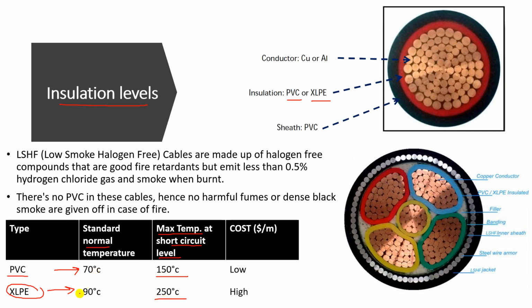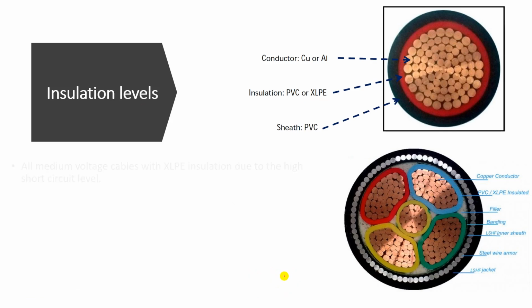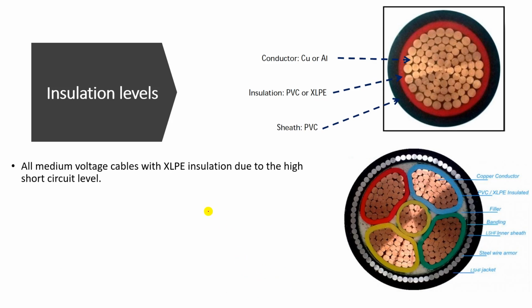Now, of course, since cross-linked polyethylene can withstand higher temperature, and higher temperature at short circuit level, it means that the cost of cross-linked polyethylene is higher than PVC. Now, regarding the application of both of them, medium voltage cables usually use cross-linked polyethylene insulation. Why?